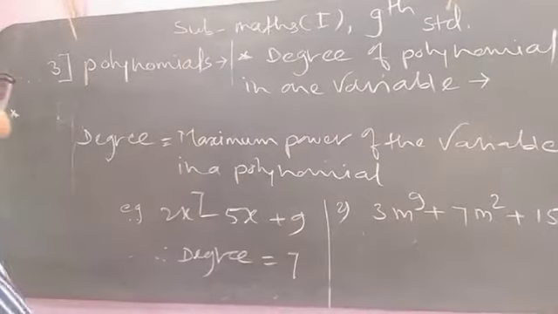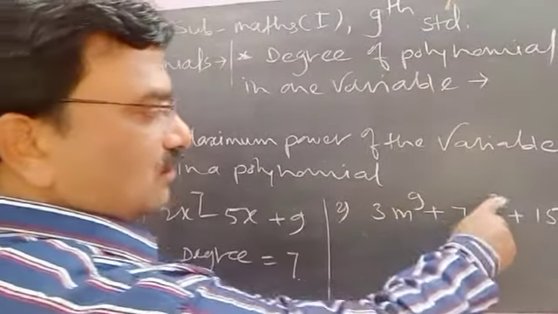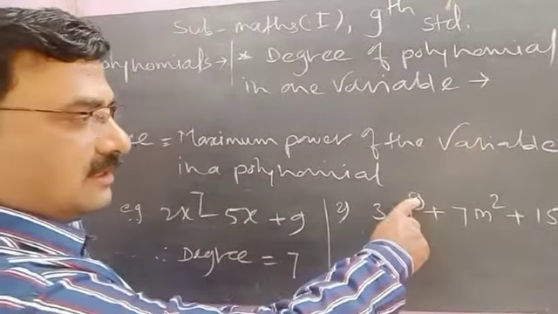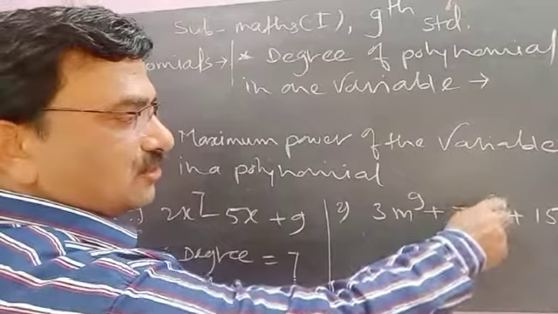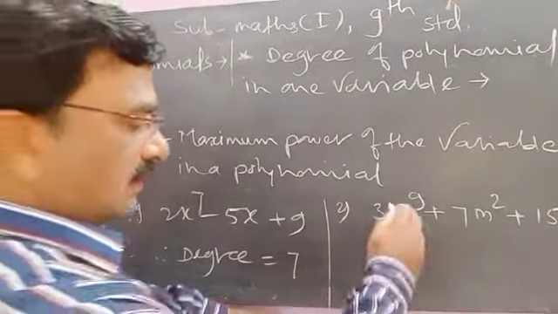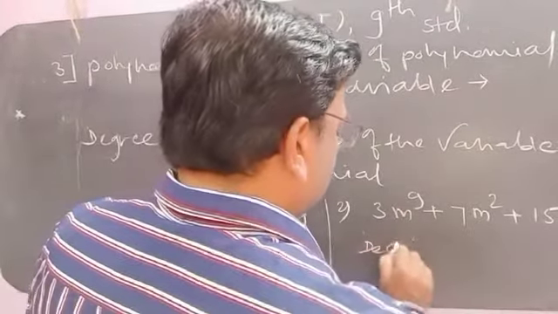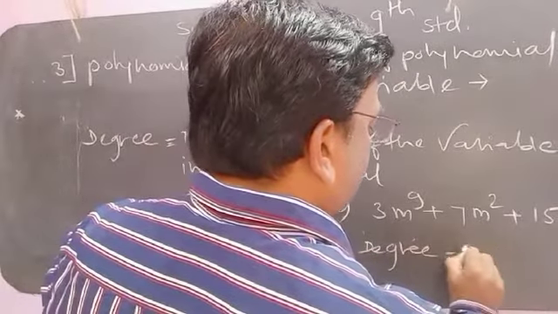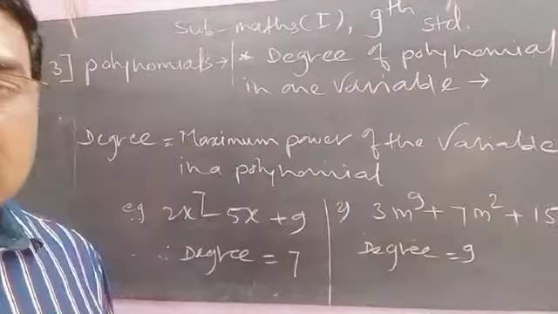Here the degree of the first term is 9, the second term is 2, and in 50 the degree is 0. Then 9 is the degree of that polynomial.